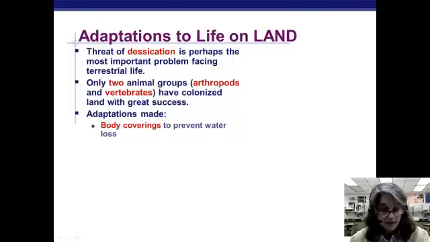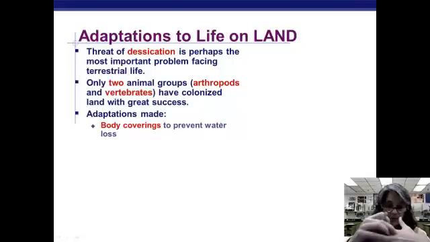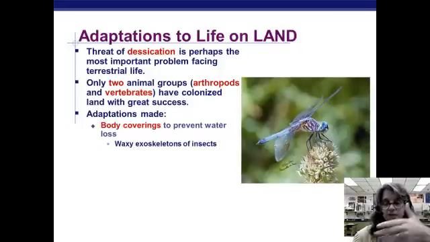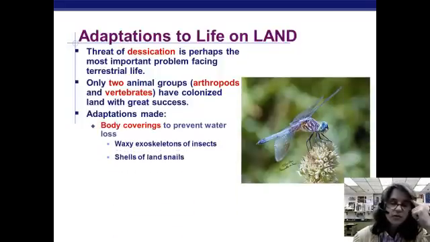They have evolved body coverings that cover their bodies and prevent water loss. Though we don't think of the skin as a very durable covering, it is highly durable and keeps water in our bodies, prevents us from losing it. The waxy exoskeletons of insects, that chitinous exoskeleton with a waxy covering, prevents them from losing too much water from their bodies.